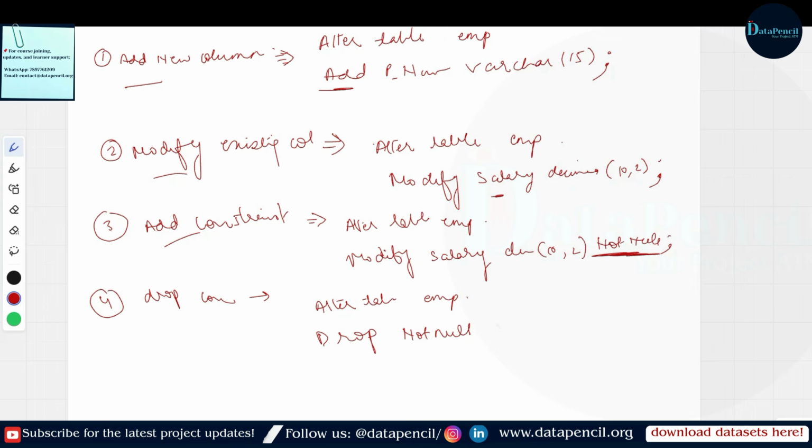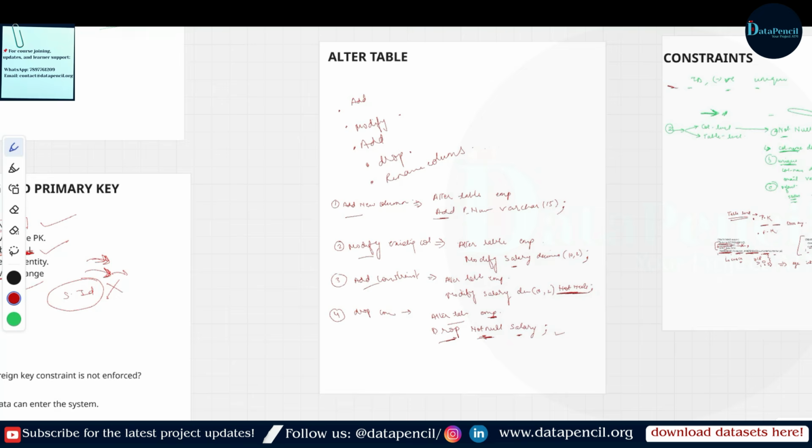Suppose this constraint is applicable on salary. This constraint was imposed on the salary column, so we will mention the column which is salary, and this is it. Alter table, table name, drop, then the constraint name, the column on which this constraint has been imposed. This is it. Okay, so these are the methods by which we can alter our table.